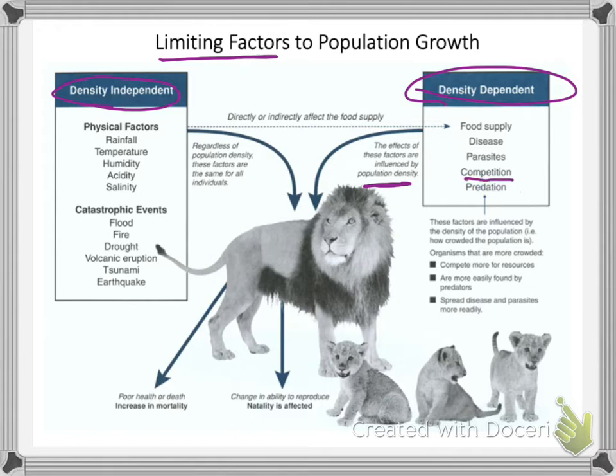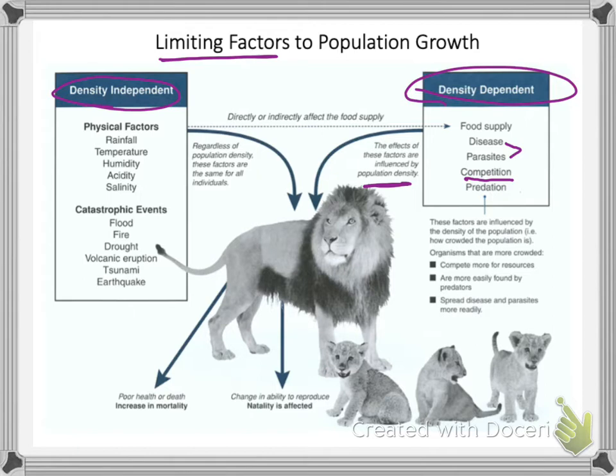We might also see competition for things like shelter or water, whatever resources those individuals need to survive and reproduce. Something else that becomes density dependent is diseases and parasites. When you have more individuals in an area, it's easier for a disease to be spread.